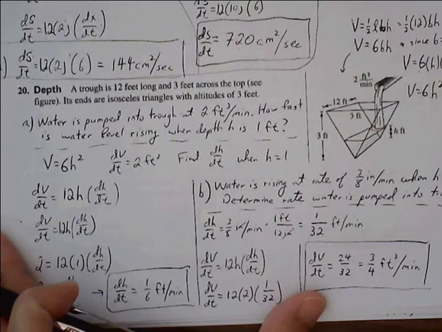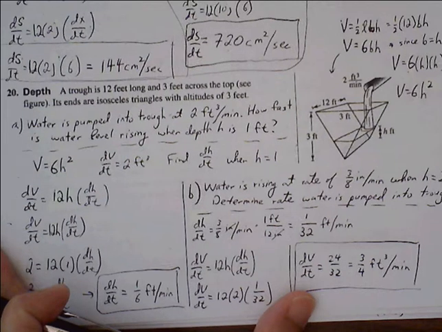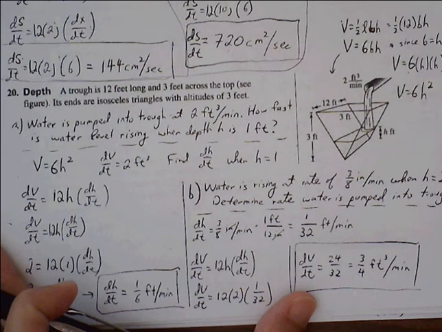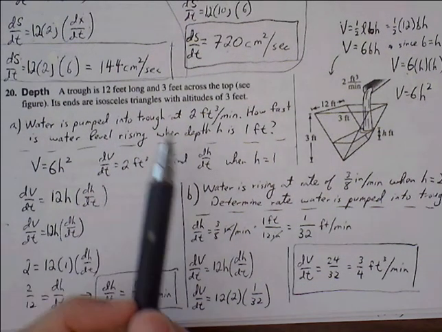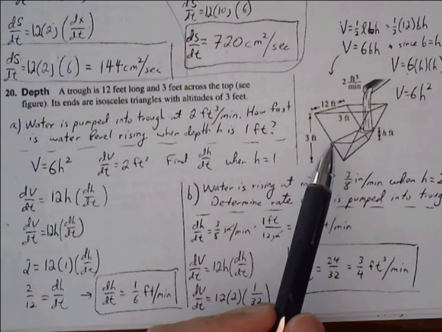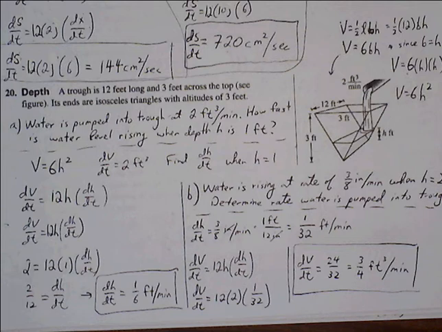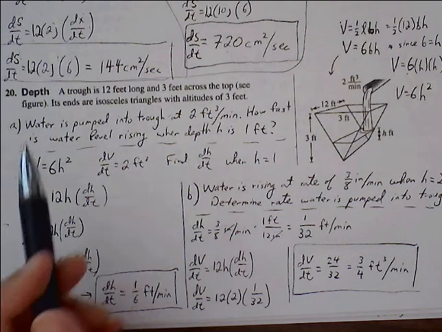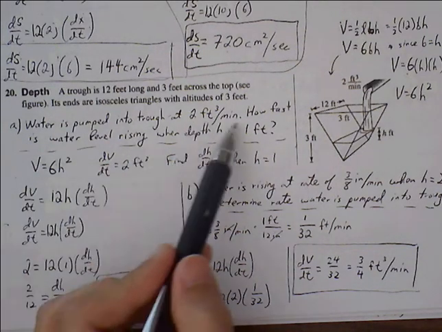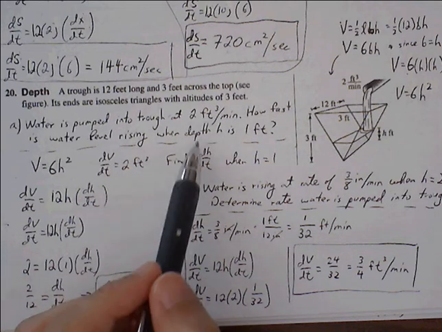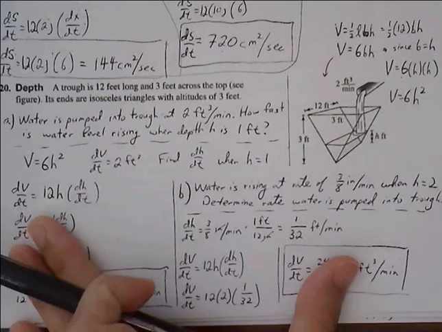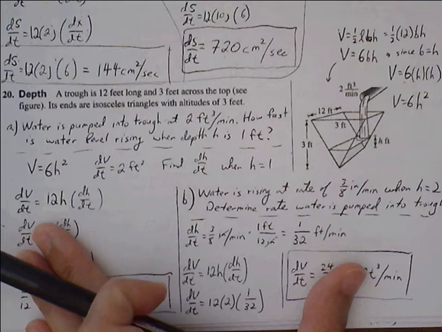Okay, number 20, we're dealing with a volume of a trough. So a trough is 12 feet long, 3 feet across the top. If the ends are isosceles triangles with an altitude of 3 feet, how fast is the water level rising when the depth of the water is 1 foot?